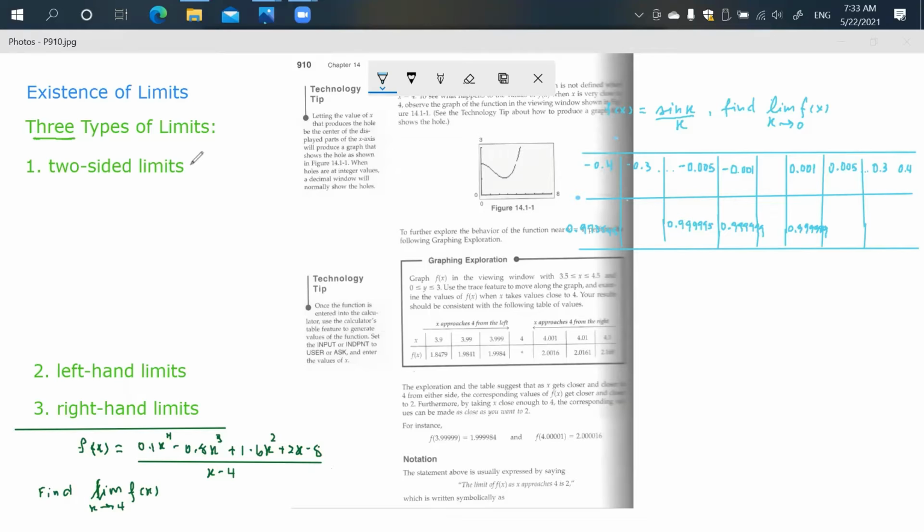For every case, we have to find out the existence of the limit and the non-existent. Like this one, right? Existence limit.